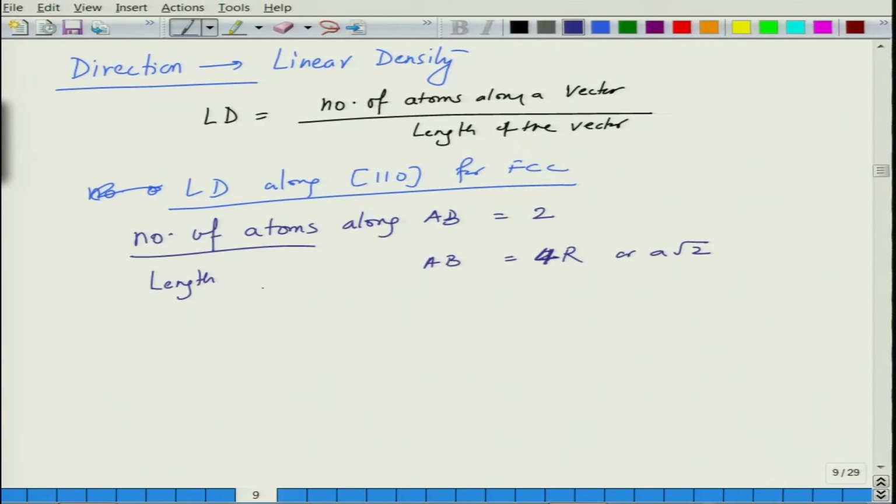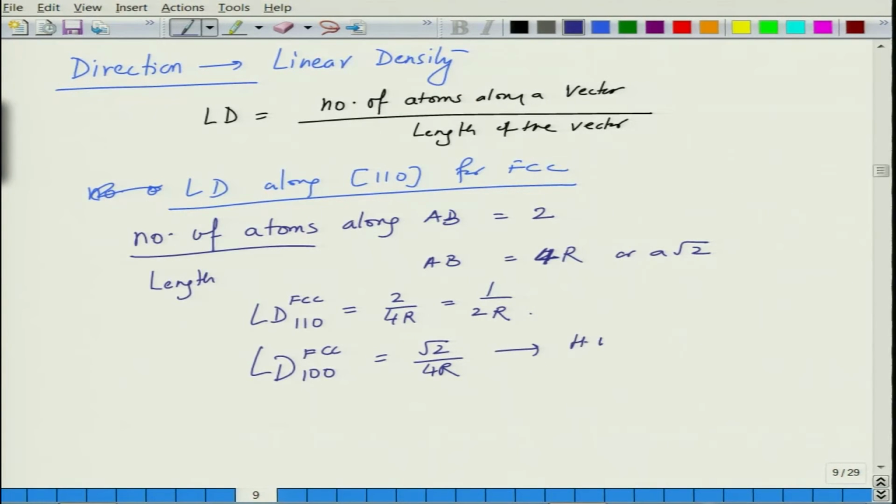Okay. So, LD along 110 for FCC will be equal to 2 divided by 4 r or 1 divided by 2 r. You can also show LD along 100 will be square root 2 divided by 4 r. I will leave it to you as a homework.